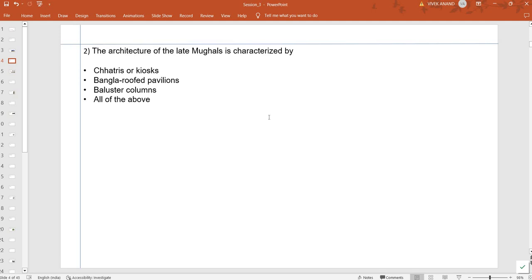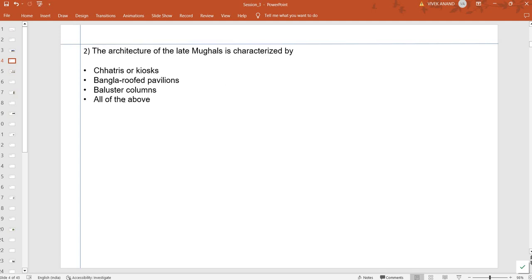You can see a small pedestal, a small platform, and over that there is a pillar which is bulbous at the bottom, or it can be circular, going upward, and then on top also there is a platform kind of thing to hold the weight of buildings, or for whatever purpose it has been used.